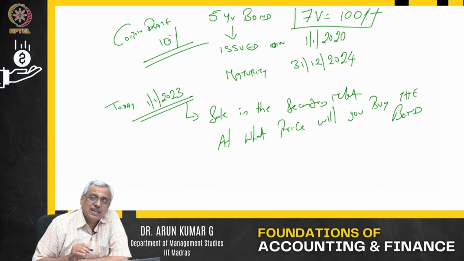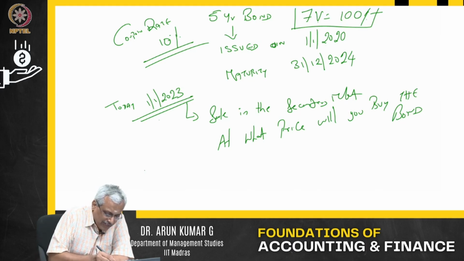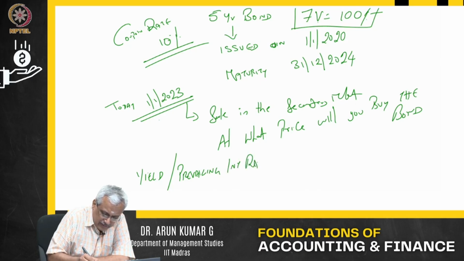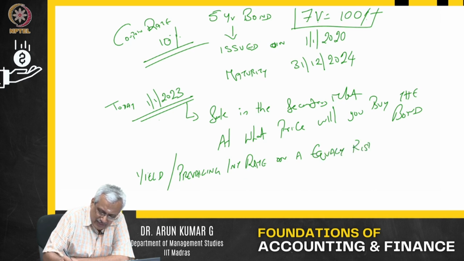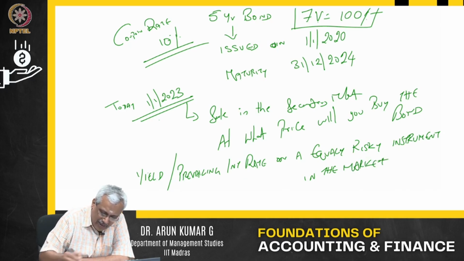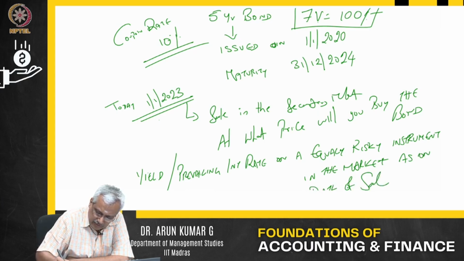Now, that depends on what the yield is, or I would say the prevailing interest rate on an equally risky instrument in the market as on the date of sale.